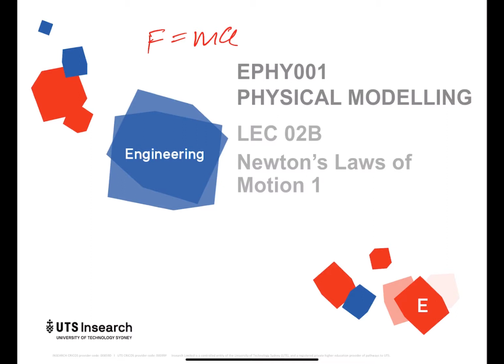This is the second law of motion, F equals ma, and F itself is a vector, and a is also a vector. They are parallel.